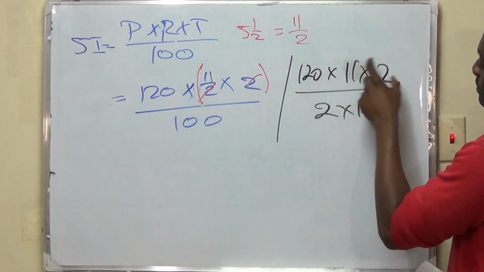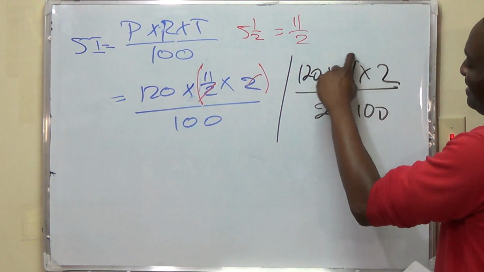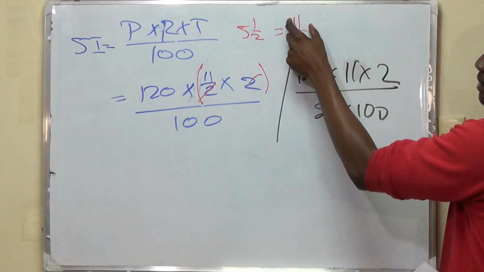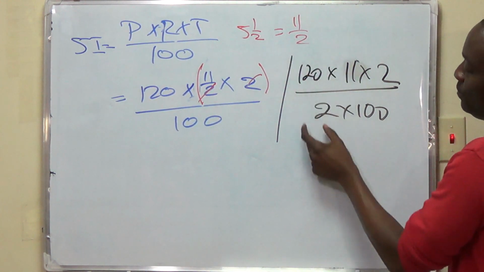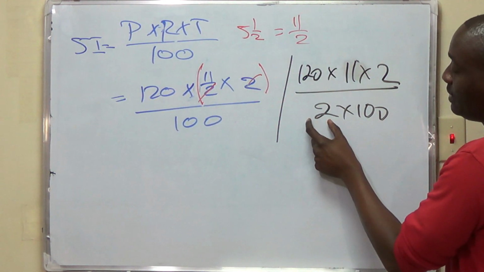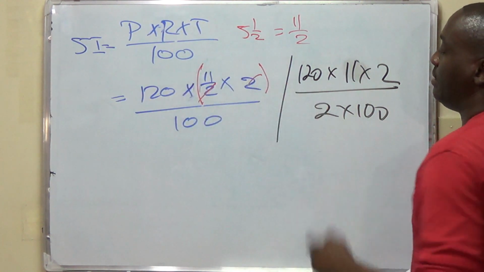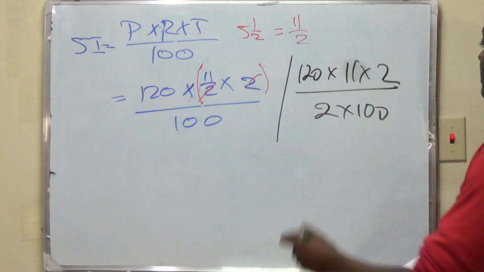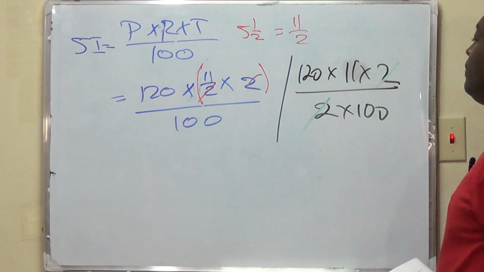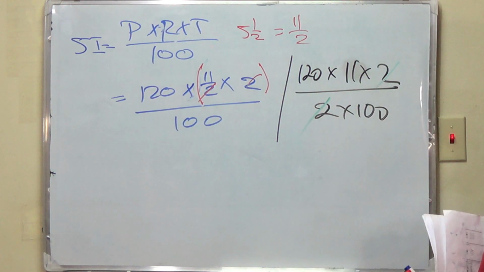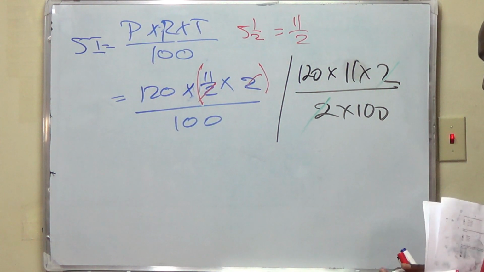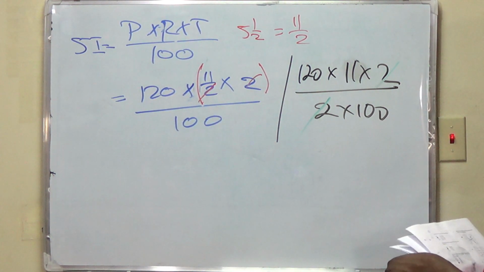This is the principal, this 2 here is the time, this 11 is the numerator from the 11 here, and then you take the 2 and you put it below in the denominator and you multiply by the 100 from the original formula. In that way, you get the same result, because this 2 will cancel out with that 2 to give you 120 by 11 over 100.